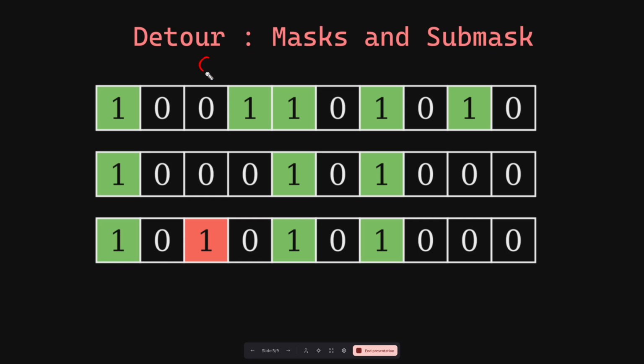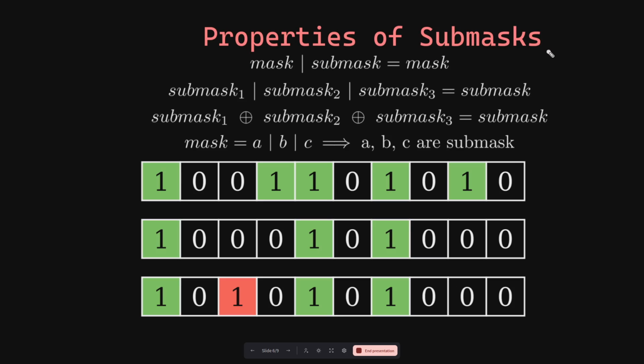If it wasn't included here, then it can never appear in any of its submasks. These are the 4 important properties of submasks that will be helpful in this problem. You should pause the video and try to prove each one of them by yourself.